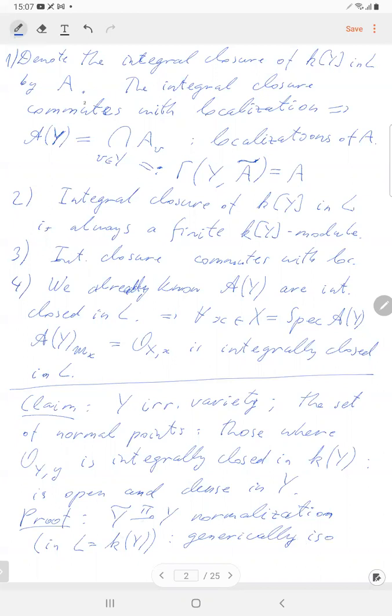And then it means that we have the direct image sheaf of this normalization, and this sheaf is a sheaf of finite modules over the structure sheaf of Y, and also generically it's isomorphic to the structure sheaf of Y. Okay.